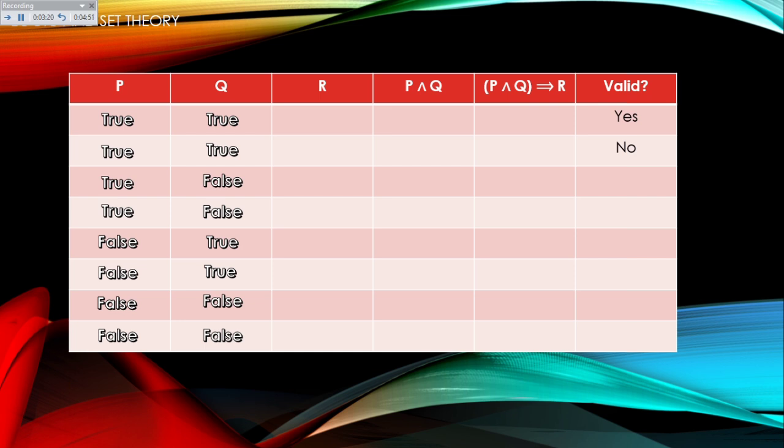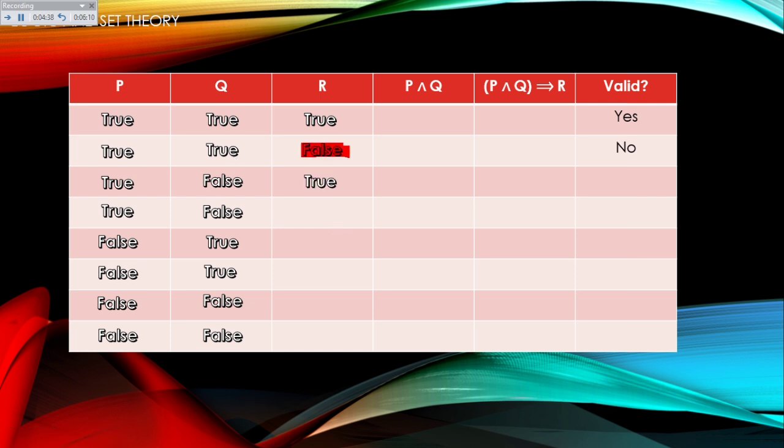Now we see the conjunction and the conclusion, which is R. R is used to evaluate the implication, so we are checking whether the argument is valid. Wherever the conjunction of the premises P and Q is true, R should be true. If P is true and Q is true, R is true. If P is true and Q is true, R is false.